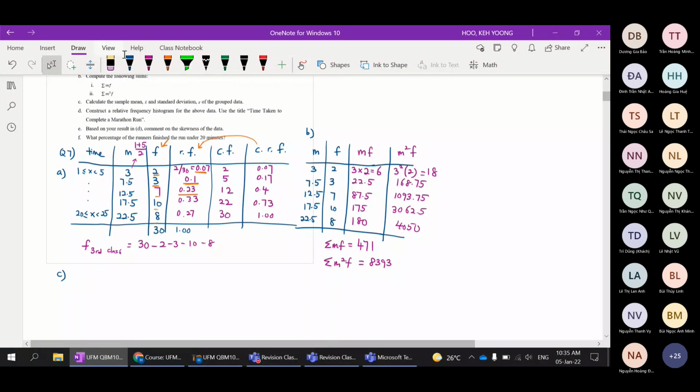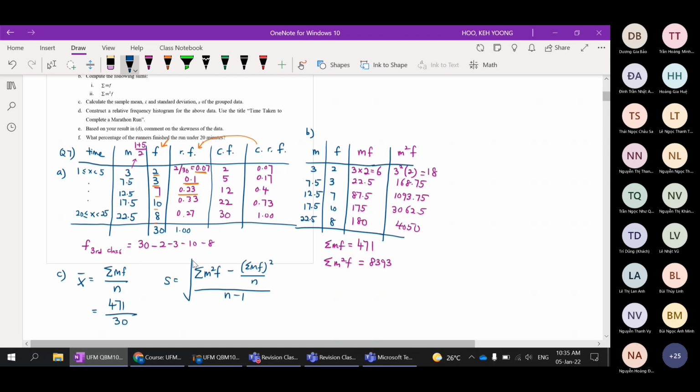To get the sample mean, since this is the first time, let's write down the formulas. 471, N is the total frequency, so we divide by 30. How about the standard deviation? The standard deviation formula is total M square F minus the square of total MF divided by N, and then the whole thing divided by N minus 1.